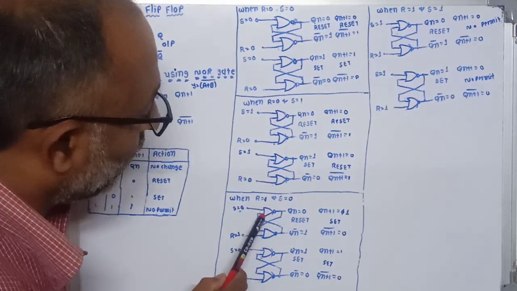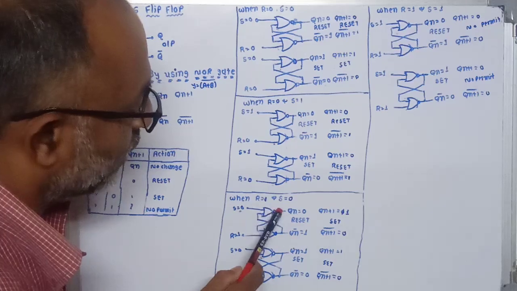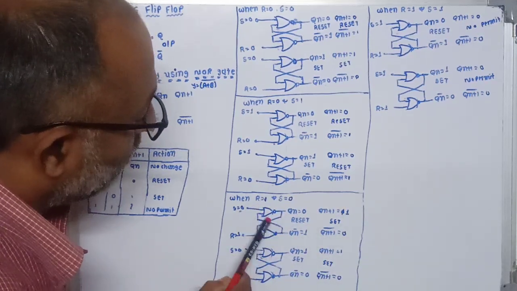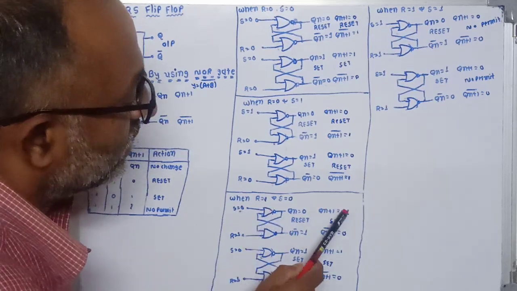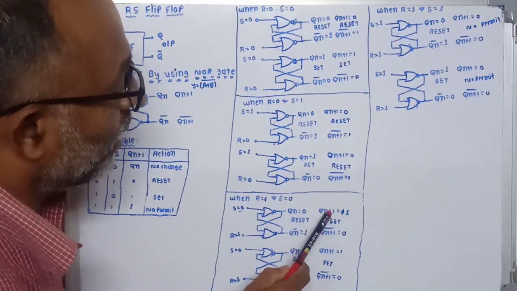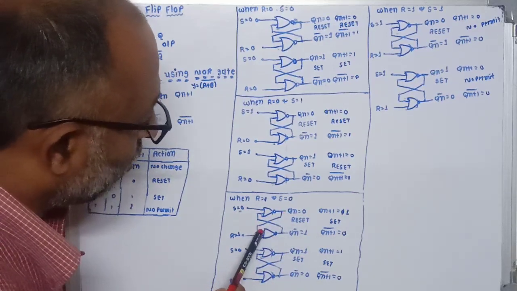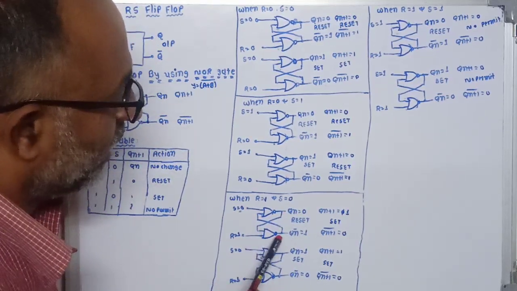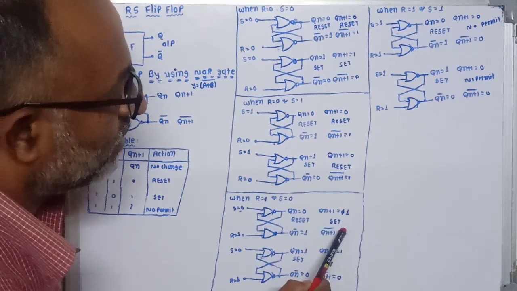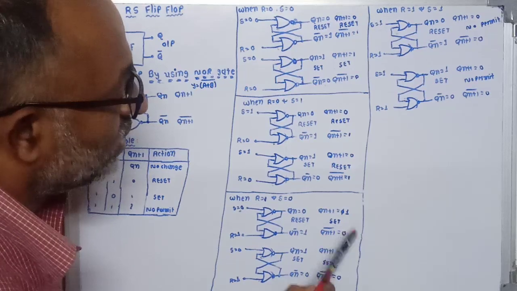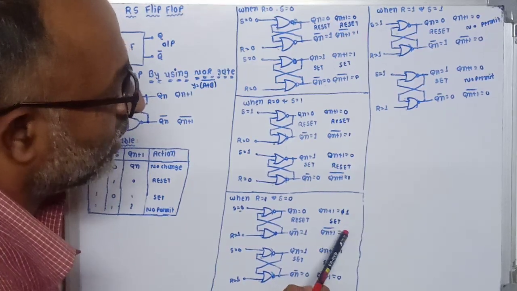So here 0 plus 1 is equal to 1, and it is inverted, that means 0. So our new output Qn+1 is equal to 0. Now this 0 is available here. So 0 plus 1 is equal to 1, and it's inverted, that means it moves to the 0 level. So Qn+1 bar is equal to 0.